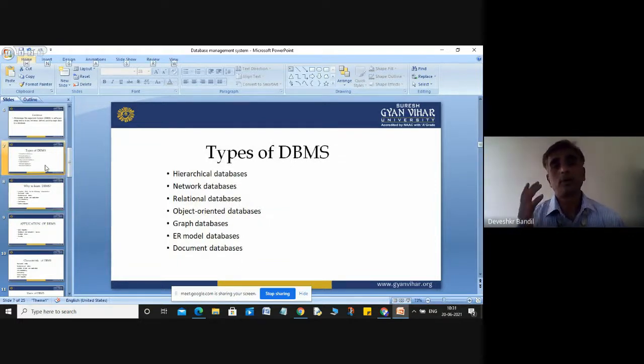If we talk about the types of database management system, there are hierarchical database, network database, relational database, object oriented database, graph database, ER model database, where ER stands for entity relationship model, and document database. And I will discuss all types of database one by one.